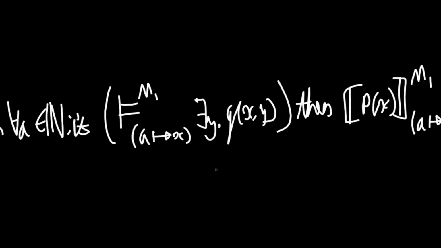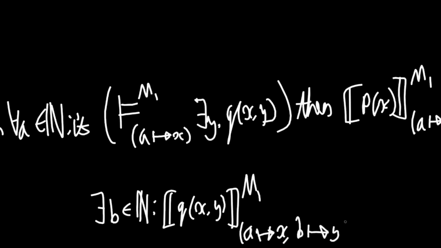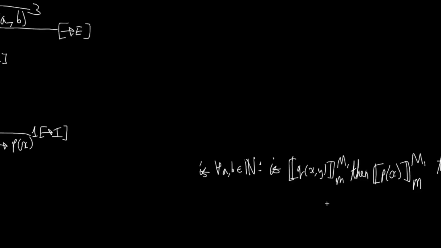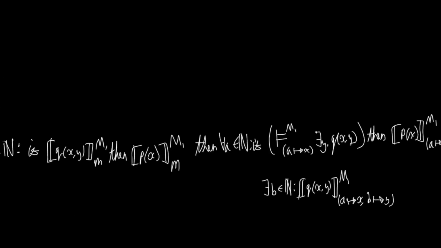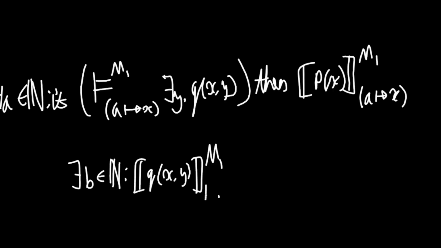And then finally, we've just got to say there exists b in the natural numbers such that double square brackets of q of xy where A maps to x and B maps to y, but obviously that's what we defined as m1 little m over here to save us space, because it gets quite repetitive otherwise.